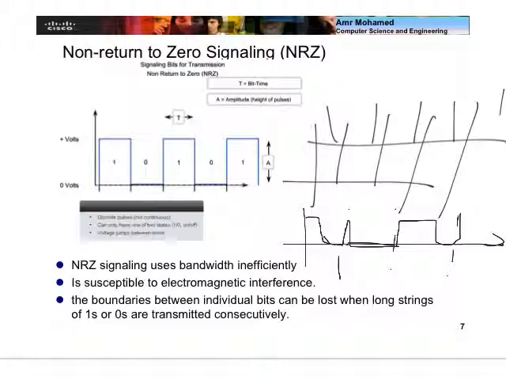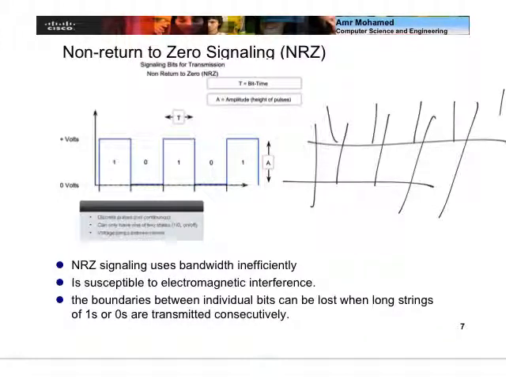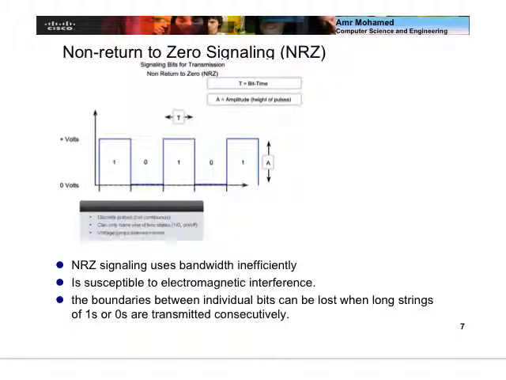So this creates a change in the middle of the bit, which the receiver can use as a verification for it to work correctly. So the non-return to 0 has all these problems.